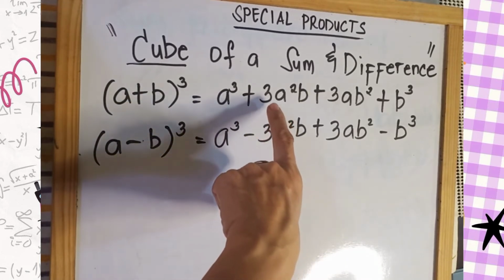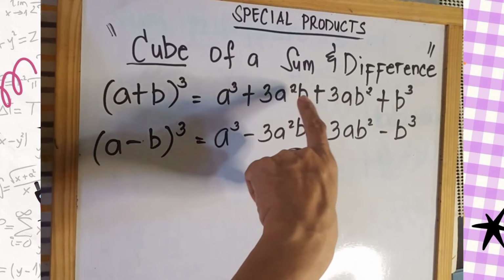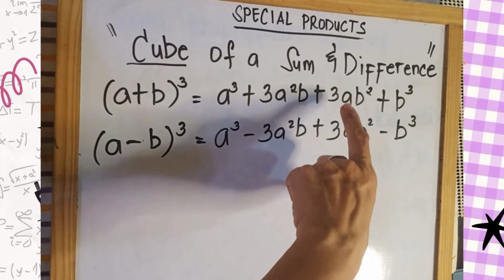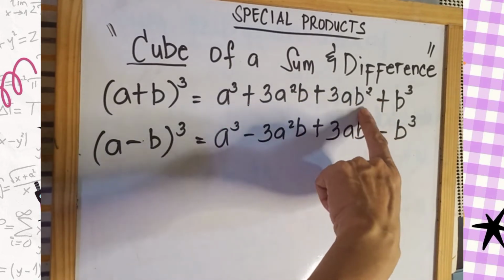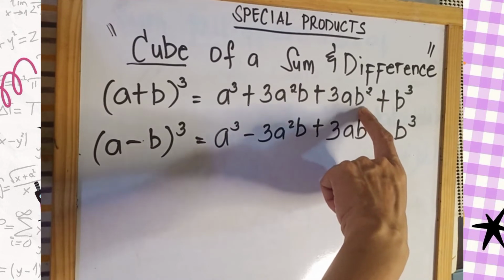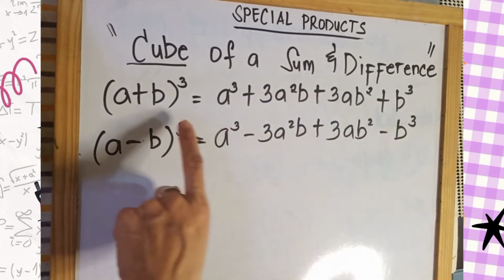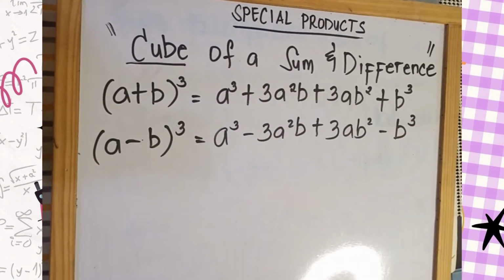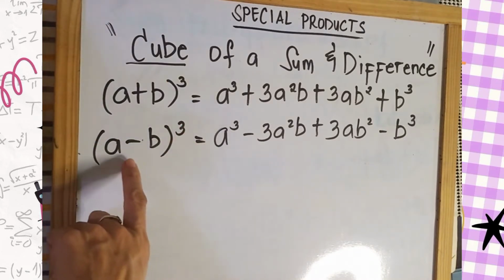So that is 3 times the square of the first term, a squared times b, plus, alternate naman, 3 times a times b squared, and then plus the cube of the last term. So b cube. Okay, so let's have this time naman yung cube of a difference.